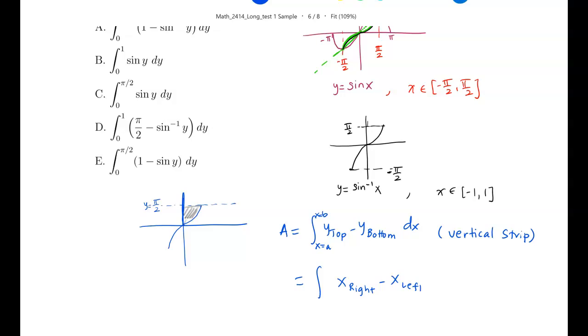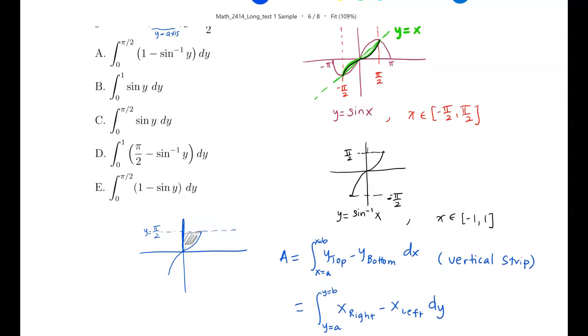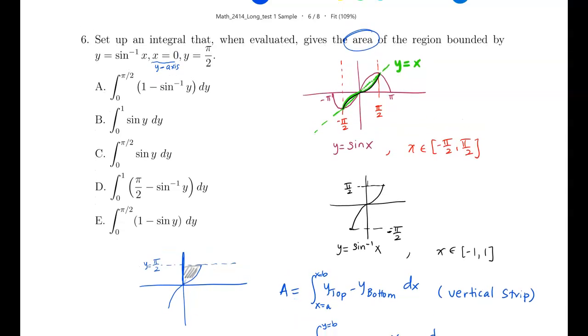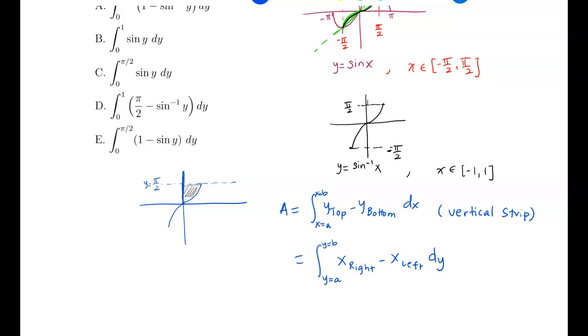So function at the right minus function at the left. This is in terms of y, that's dy. And now y runs from a to b. So how would you know which one to use? Depending on what is in the choices. So look at the choices. Oh, they're all in terms of y. That suggests that you are going to use a horizontal strip. So let's use a horizontal strip.